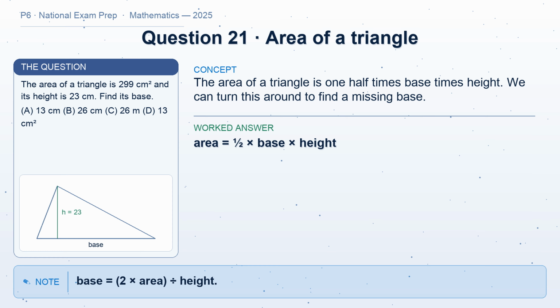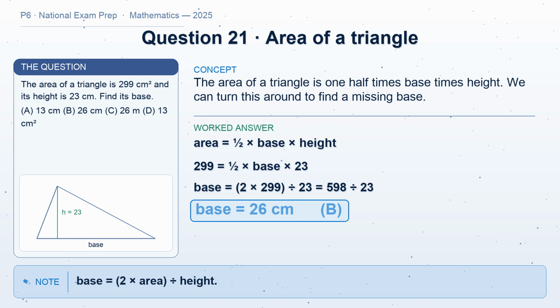First, undo the 1/2 by multiplying the area by 2. 2 times 299 is 598. Then divide by the height, 23. 598 divided by 23 is 26. So the base is 26 centimeters, which is option B. Notice the answer is in centimeters, not meters.